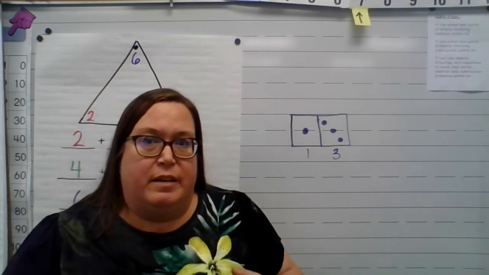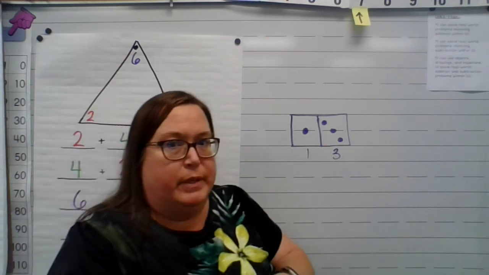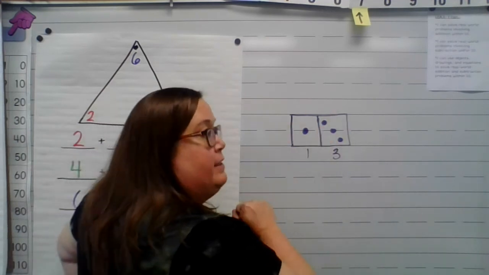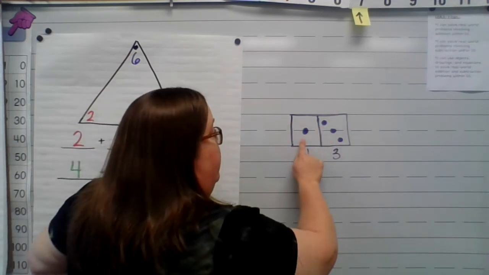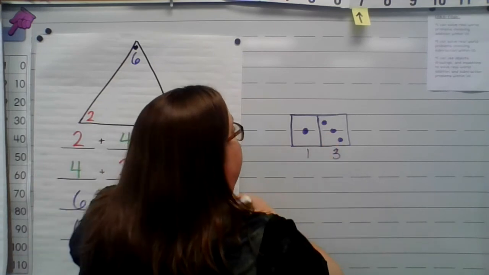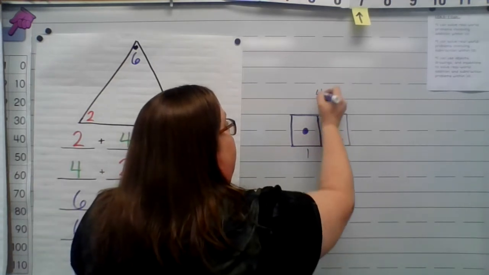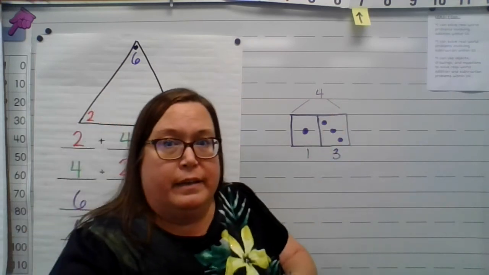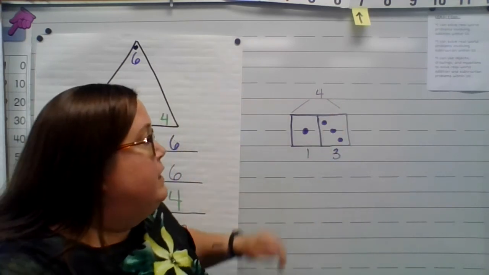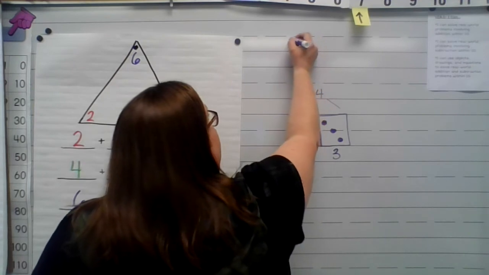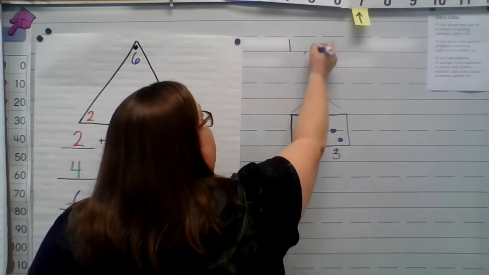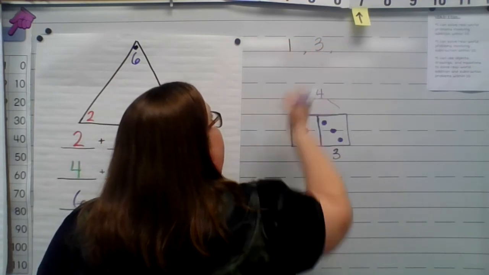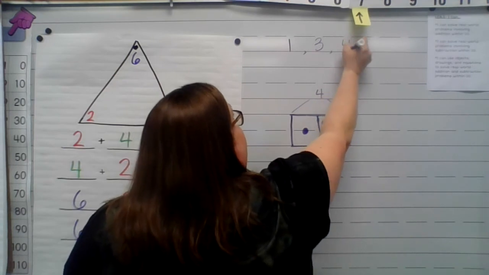What is the biggest number in that fact family? It's going to be all the dots on the domino, remember? 1, 2, 3, 4. Got it. 4 is all the dots. Okay? So the numbers in this fact family are 1, 3, and 4.